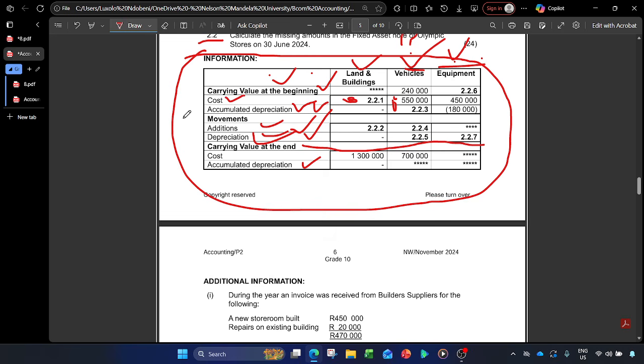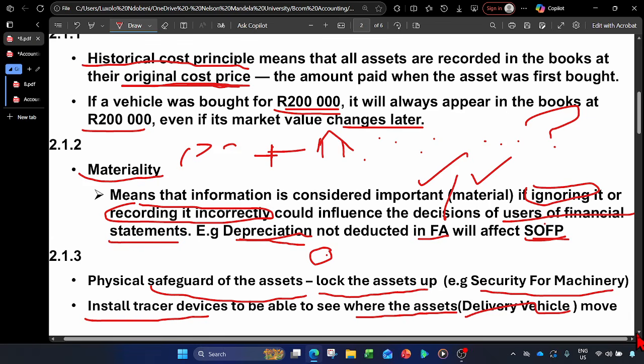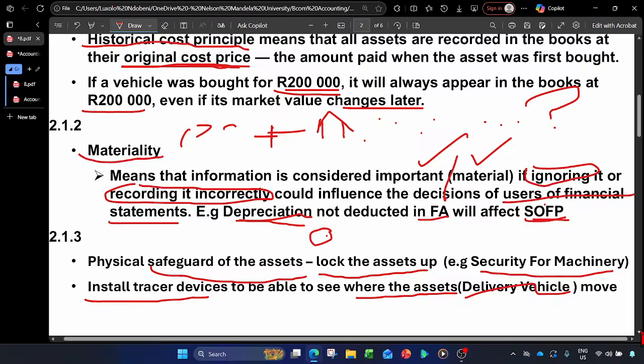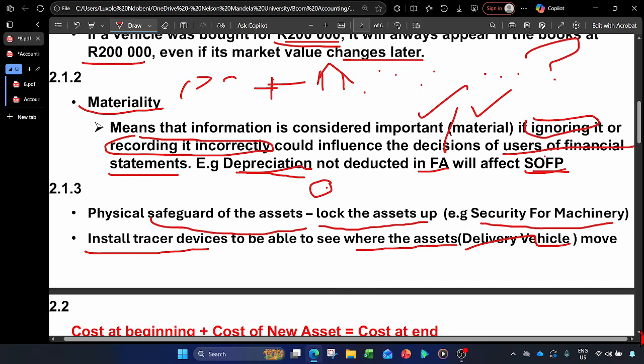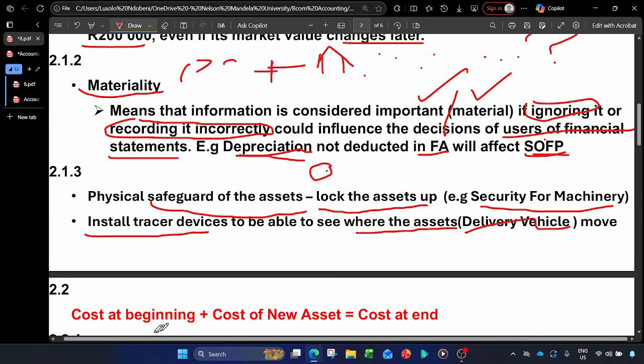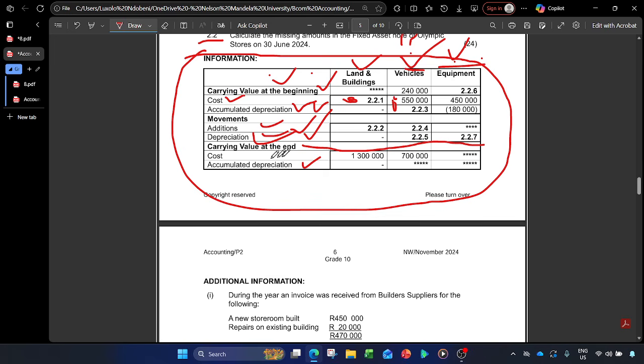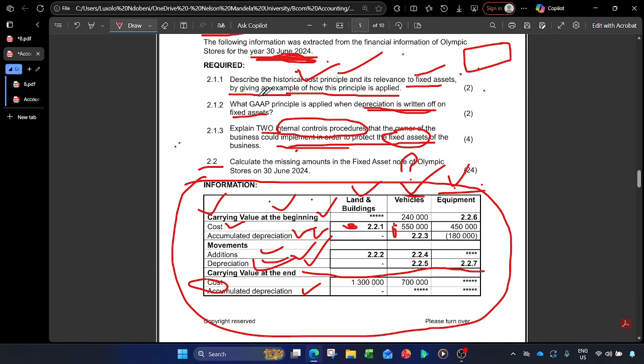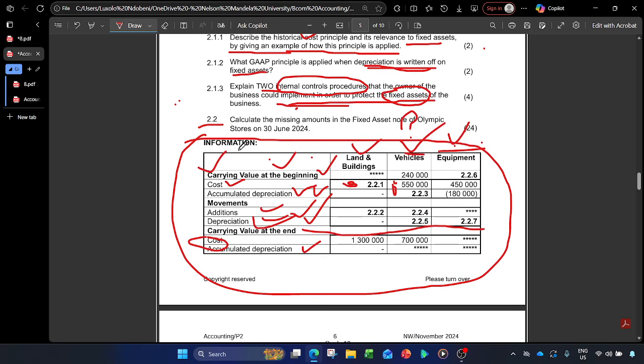Before we go there, let's talk about this formula. I want to remind you about how to calculate the cost at the end. This is the cost at the beginning. Our year ends on 30 June, so the beginning is July, and the end is 30 June.